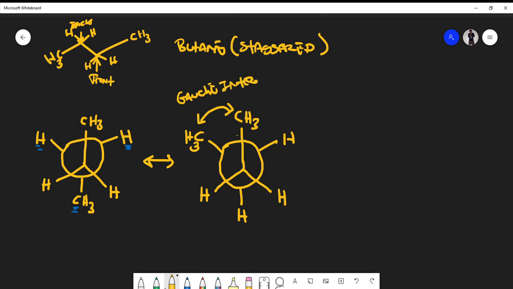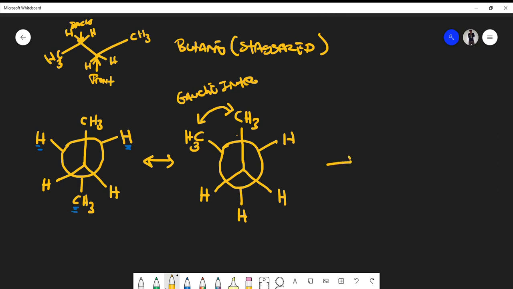This is what we call a Gauche interaction. And a Gauche interaction is simply a steric interaction between two non-hydrogen groups, right? So anything that's not hydrogen, 60 degrees apart, we call a Gauche interaction. And it so happens that this increases the energy of the molecule, so it's not as stable as something without a Gauche interaction.